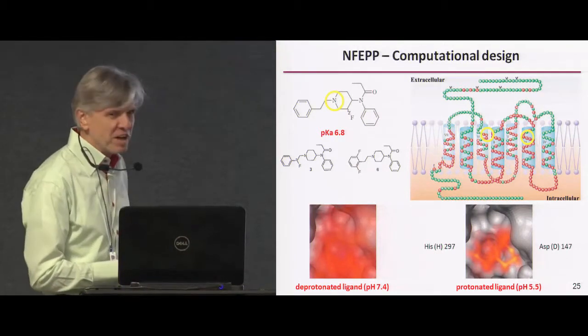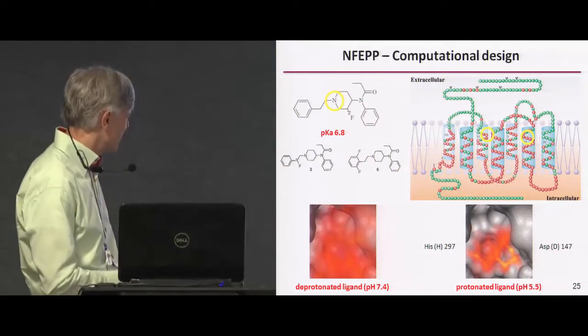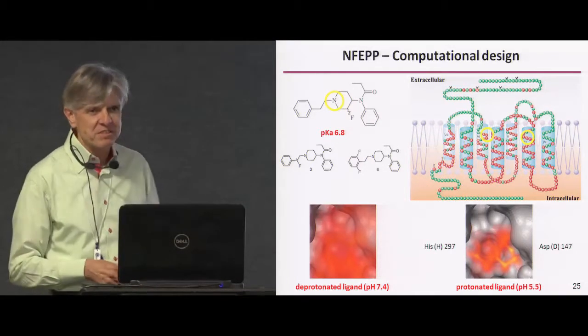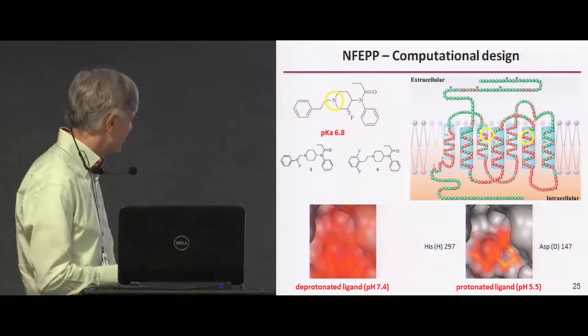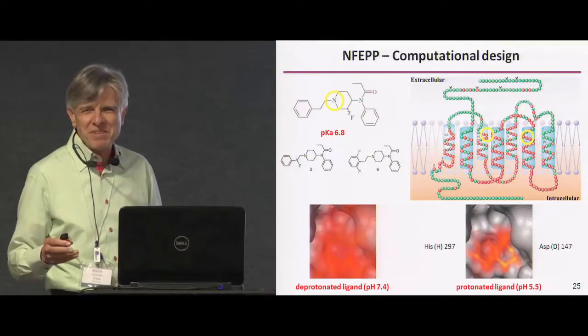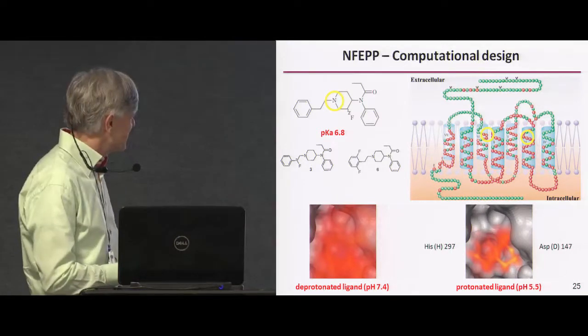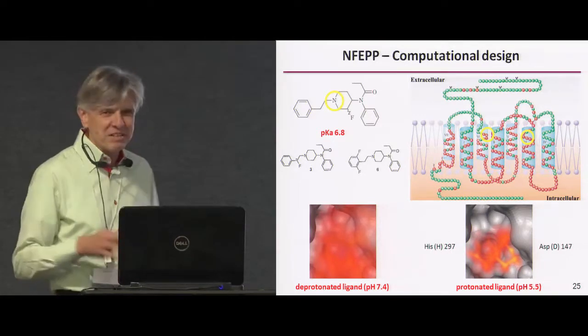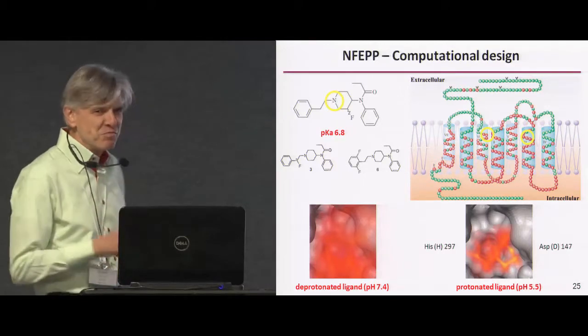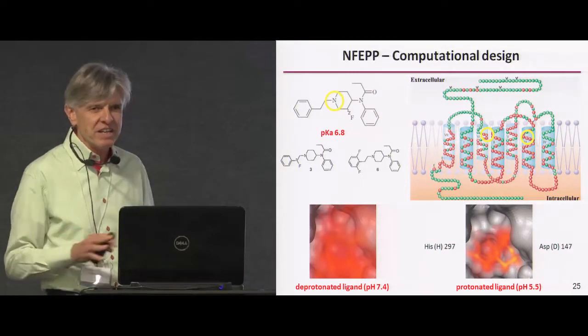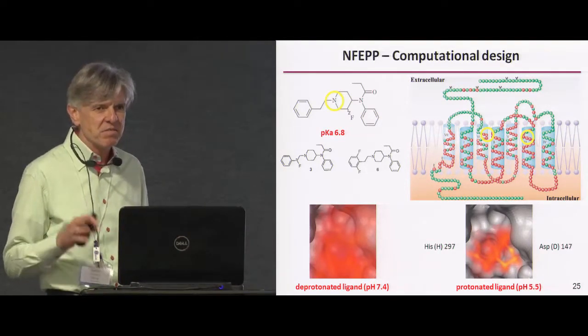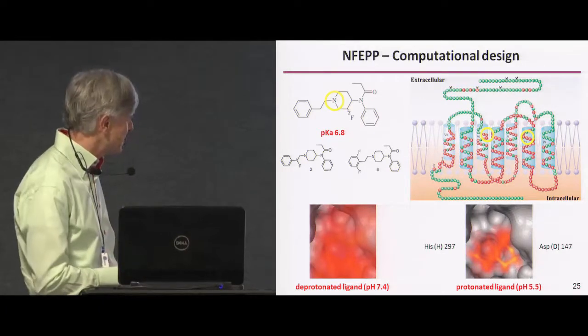This is a pH of 5.5 compared to a normal pH of 7.4, like in the brain. This is an in silico model, so this was really the first indication that there's something happening to the binding and probably something happening to the three-dimensional structure of the receptor.